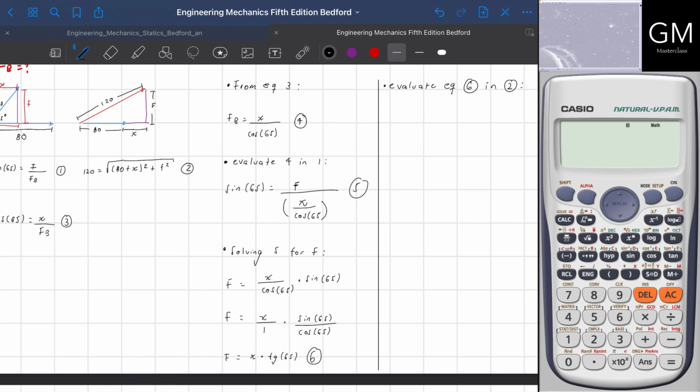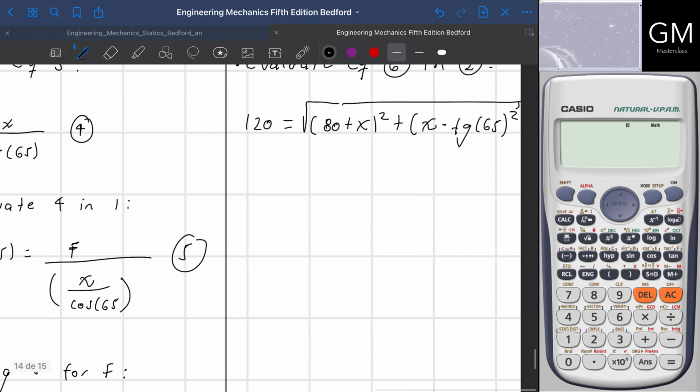So right here I have 120 equals square root of (80 plus x) evaluated to a second power plus (x times tangent of 65) evaluated to a second power, and this is a square root right here.